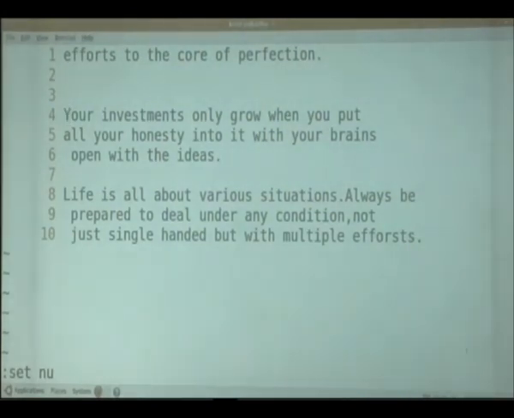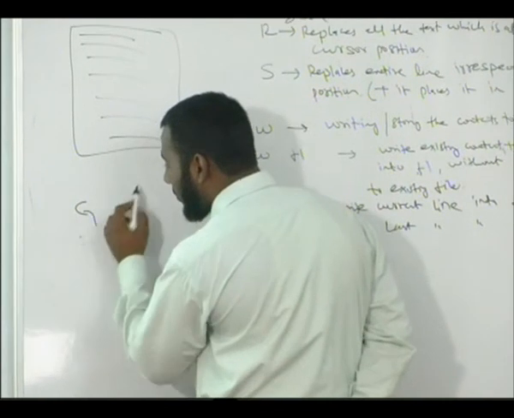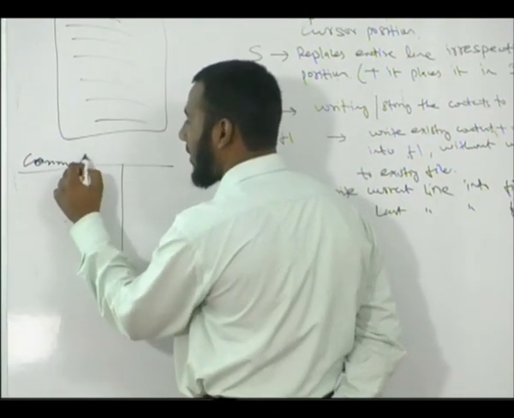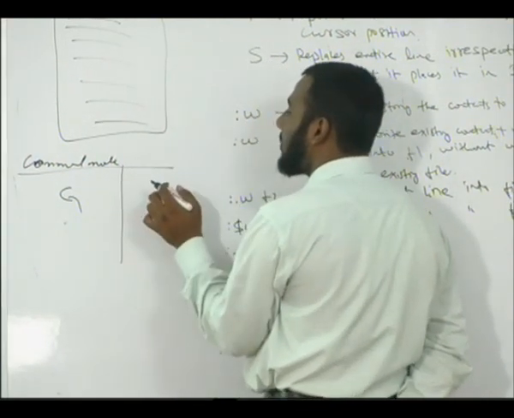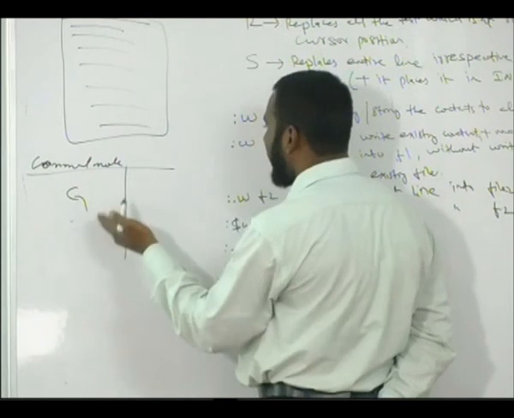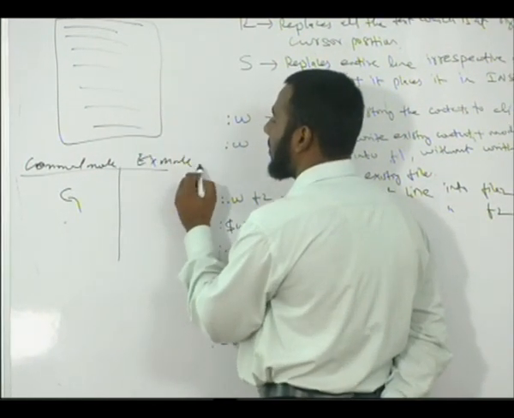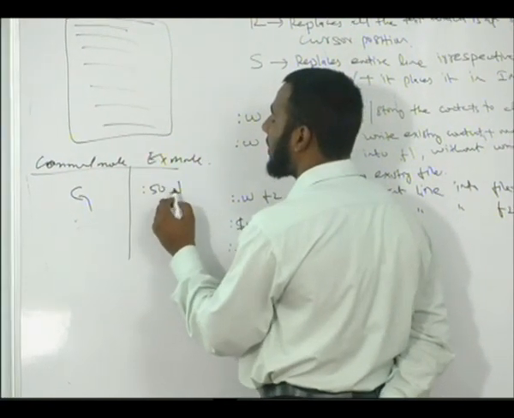We have an equivalent of the G command. G is a command used in command mode, right? The equivalent action we can perform in execution mode also, where we specify the line number 50 and hit enter.